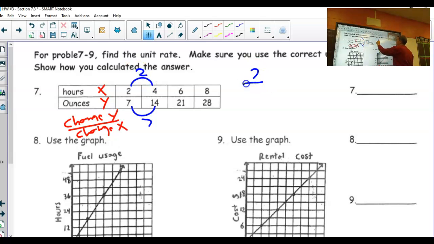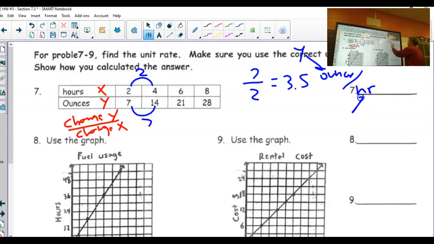So this would be 7 divided by 2, or 3.5, and it's ounces per hour. Remember, the top is always the y units and the bottom is always the x units. All right, so ounces per hour, 3.5.